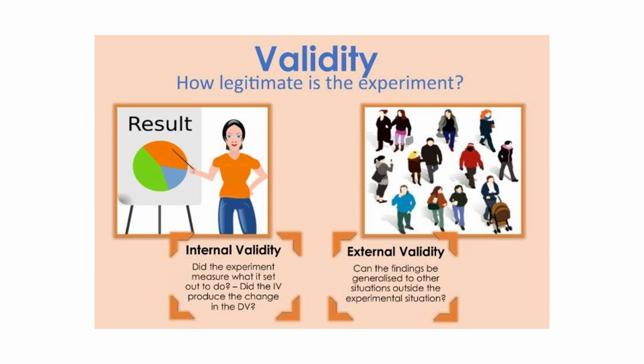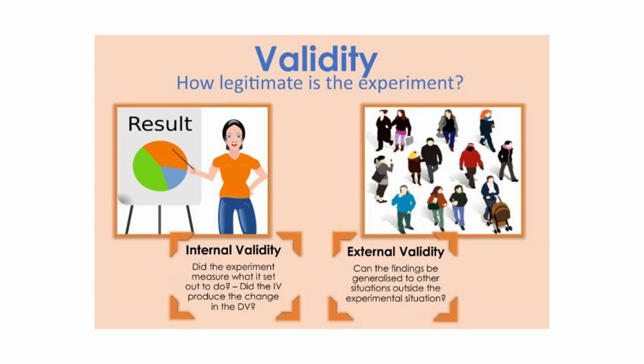So to this end, what those 2 points were talking about was validity. How legitimate is the experiment? And we talk about two types of validity. Internal validity: did the experiment measure what it set out to measure? Did the IV, independent variable, produce the change in the DV, or dependent variable?